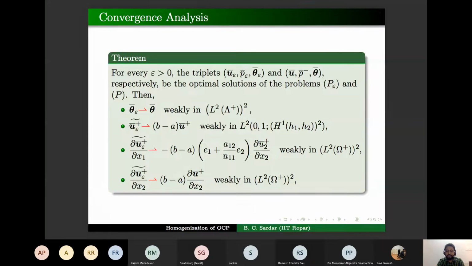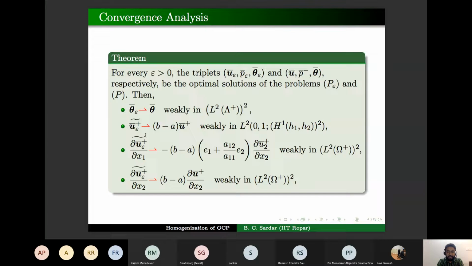So this is the convergence result we have obtained: at the epsilon level we have that optimal system, and at the limit system we also have that optimal system. Now we are going to show in this result that the optimal control converges to the optimal solution.